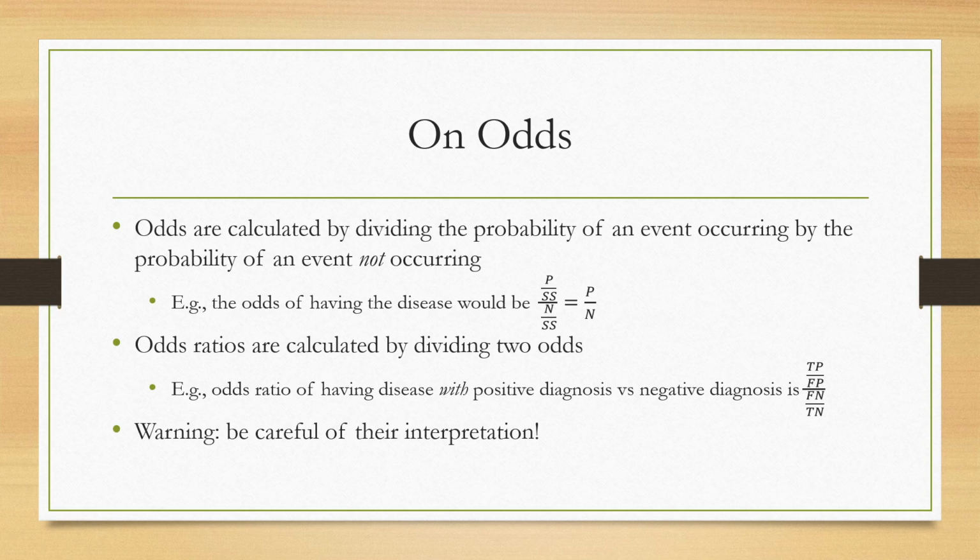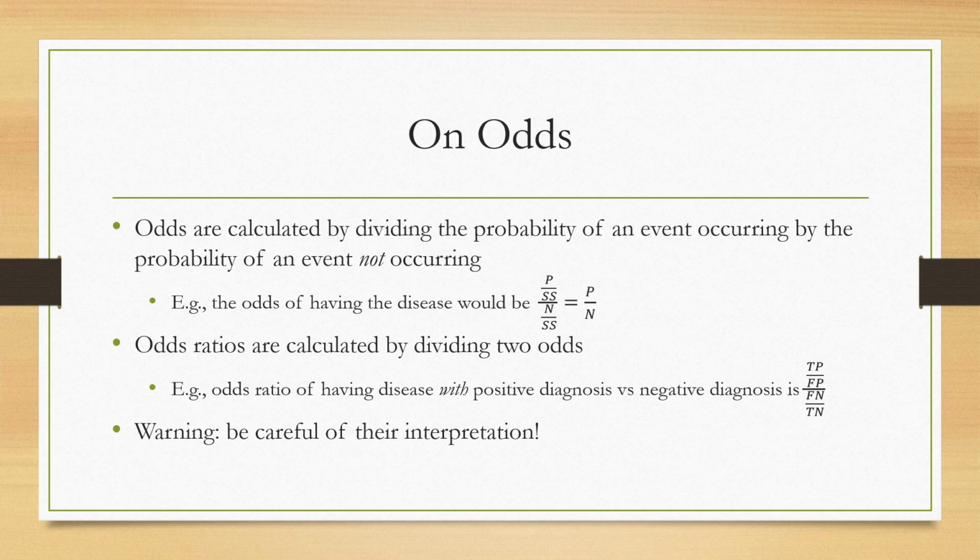And it sounds good until you realize that, I think in a recent review, something like 20 or 30% of published articles in medicine misuse this. They interpret odds ratios as probabilities. And I think that number was once lower, but I think it's become higher with the advent of modern software.